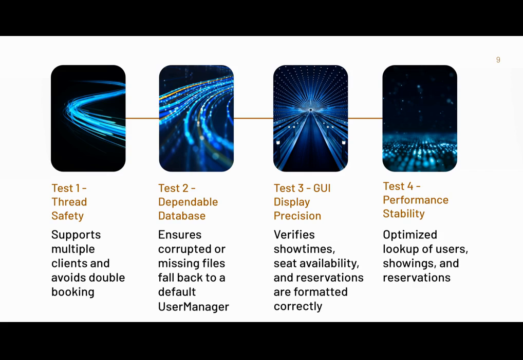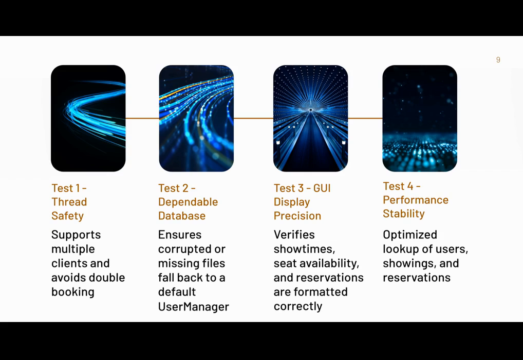Test 3 was GUI display precision. We ensured that when we display anything to the client, for example showtime, seat availability, and reservations, they are formatted correctly and uniformly across all types. So the admin will see something similar to what the client will see.